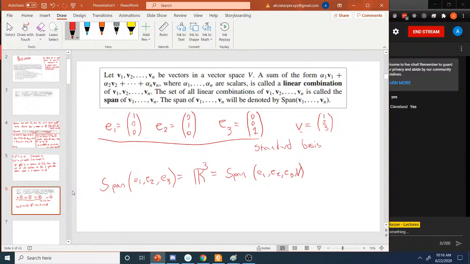In fact, we have 1 times e1 plus 2 times e2 plus 3 times e3 is equal to v. And this is the same thing as 1 times e1 plus 2 times e2 plus 3 times e3 minus v is equal to 0.